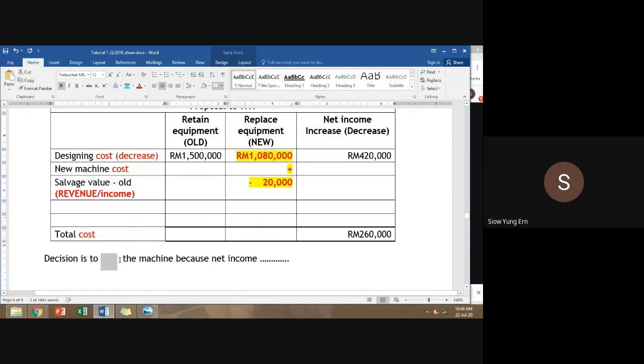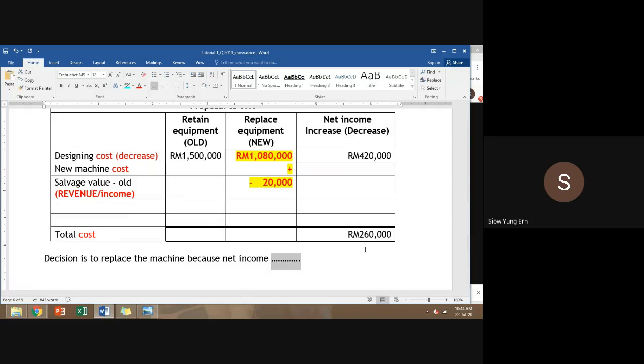So decision is to replace the machine because net income increase, then you put this amount 260,000. Correct. Last sentence is also correct. Replace because net income will increase up to 260,000. Correct.